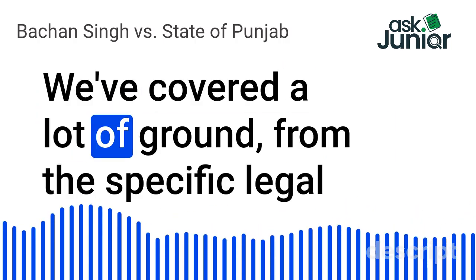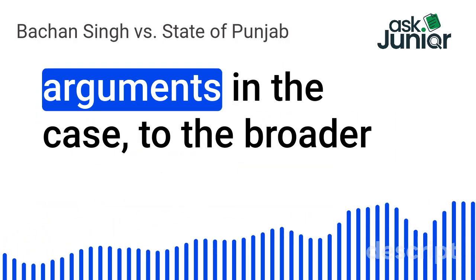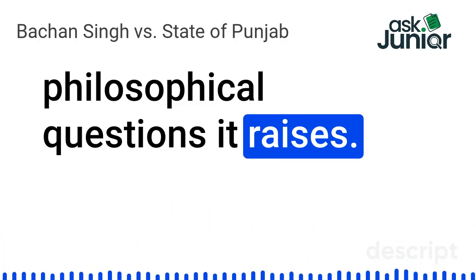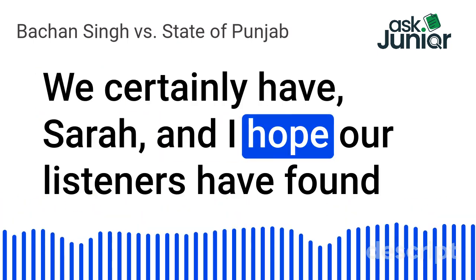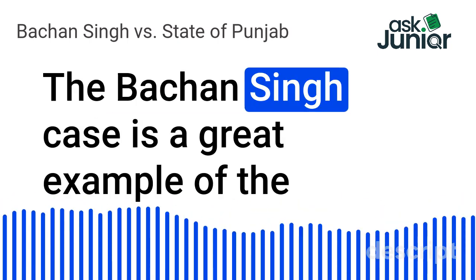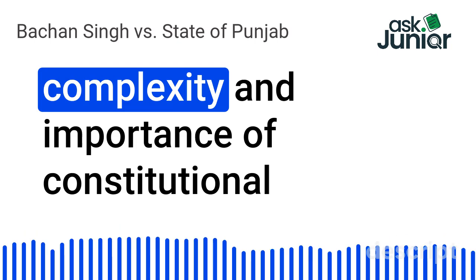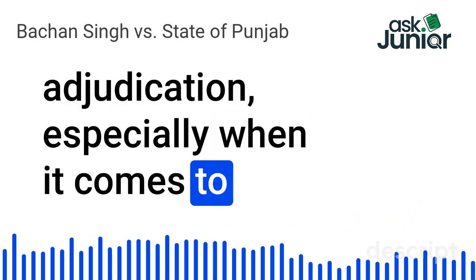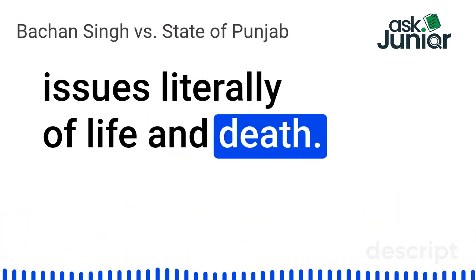We've covered a lot of ground, from the specific legal arguments in the case to the broader philosophical questions it raises. We certainly have, Sarah, and I hope our listeners have found it as fascinating as we have. The Bachan Singh case is a great example of the complexity and importance of constitutional adjudication, especially when it comes to issues literally of life and death.